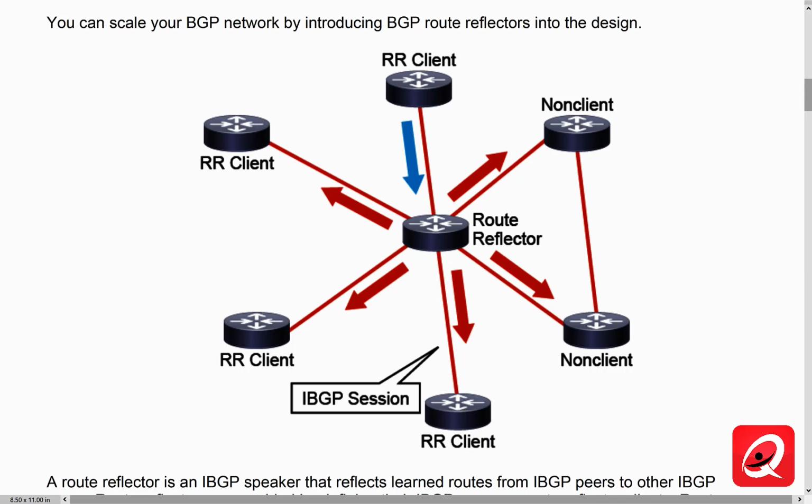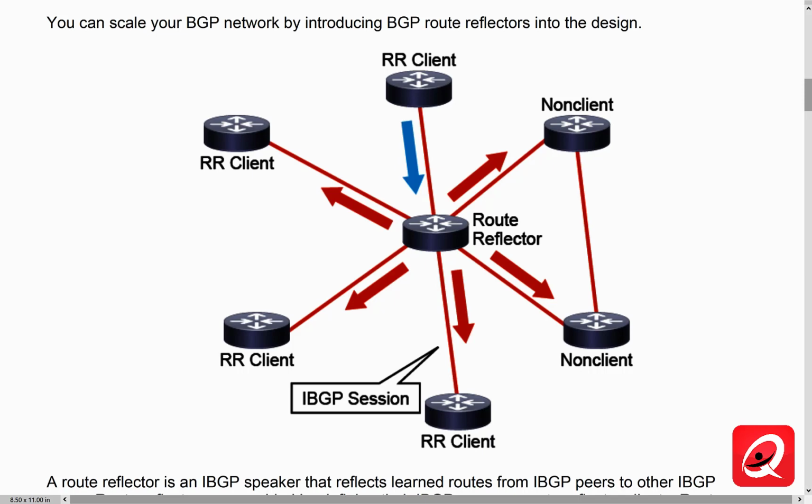So when a route reflector receives a route from an iBGP peer, it selects the best route by using the rules that we talked about previously, the path selection process, if you will. We'll get into that in more detail a little bit later on as well, what the overall BGP path selection process is.